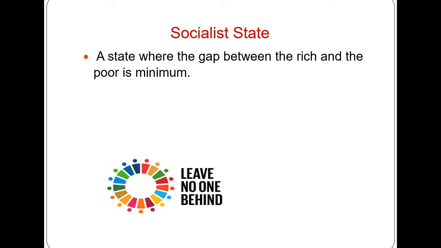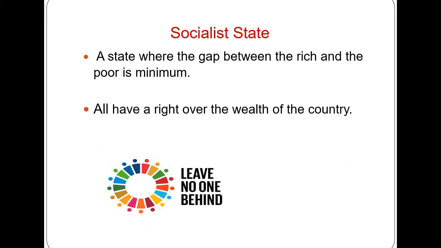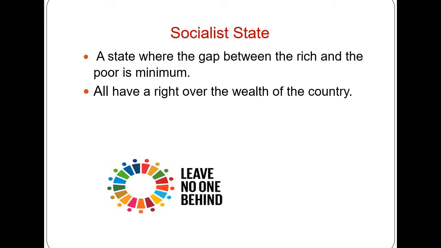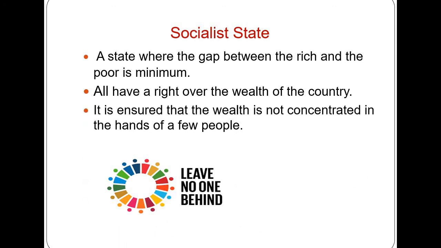The gap should be minimum. All have right to accumulate wealth. All have right to work. All are having right to make money. It is ensured that the wealth is not concentrated in the hands of a few people.